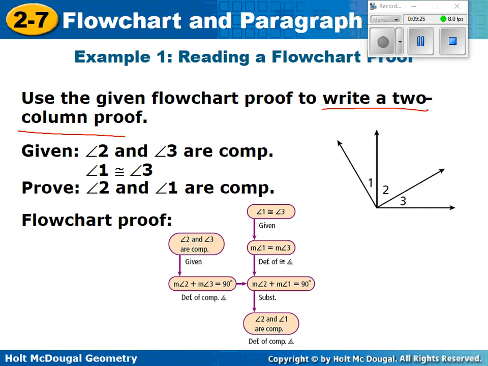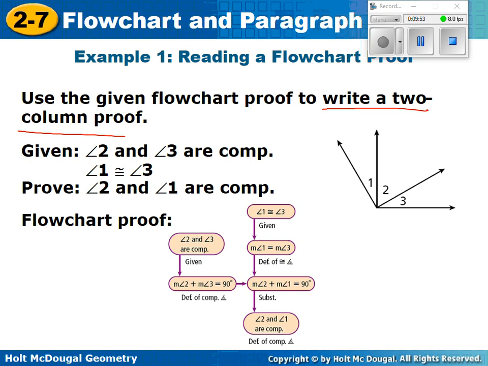Okay, from there, where do we go? Down the arrow again, so that's going to lead us to the one that says substitution. So measure of angle 2 plus measure of angle 1 equals 90 degrees. And then you have to finish it out. So substitution, what?